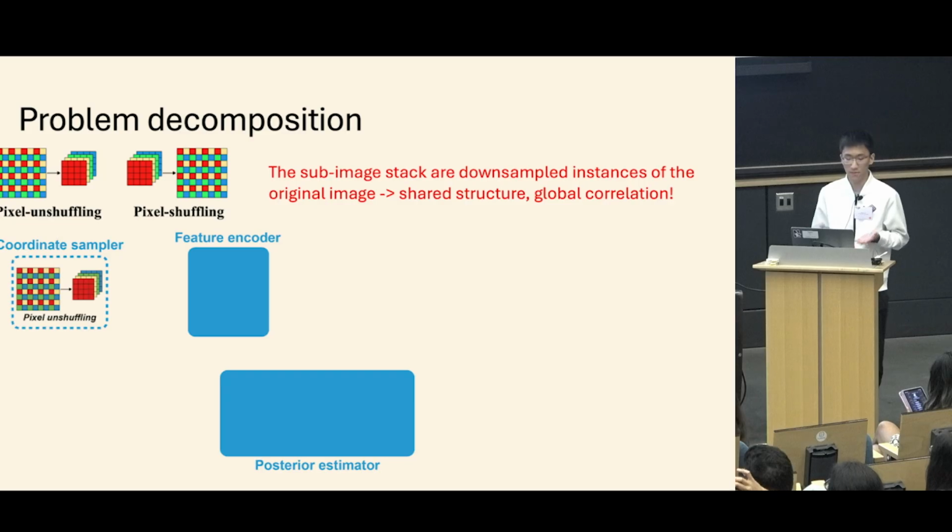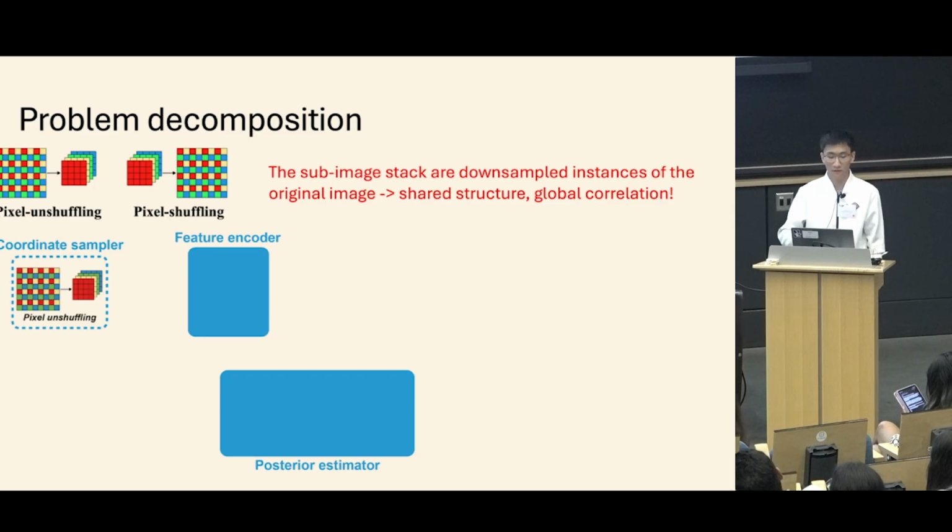These transforms work by transforming your full resolution image into a sub-image stack, where each image in the stack is a downsampled instance of your original image with a different downsampling coordinate offset. In this case, you would generate an image stack with very similar structure, since they're all downsampled versions of the original image.